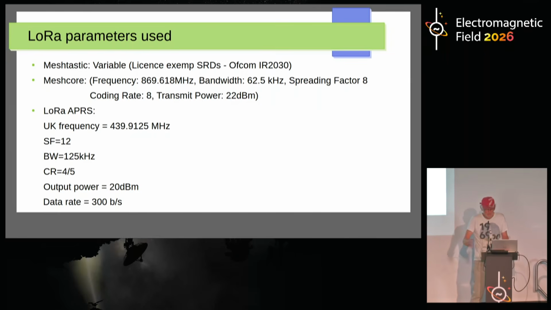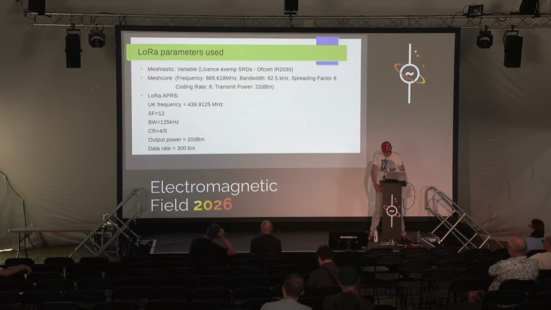So quite often there's a mismatch and then you won't communicate. LoRa on APRS has made the sensible decision to fix the frequency, spreading factor, code rate, and everything else. So there's no problem there, and it's getting to be quite widely used as a tracking system.